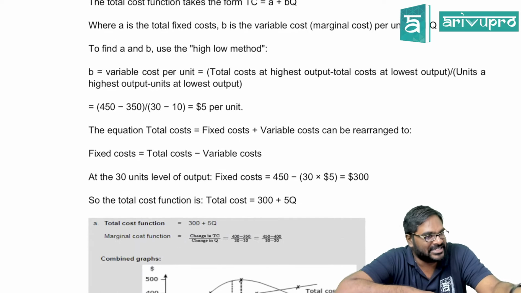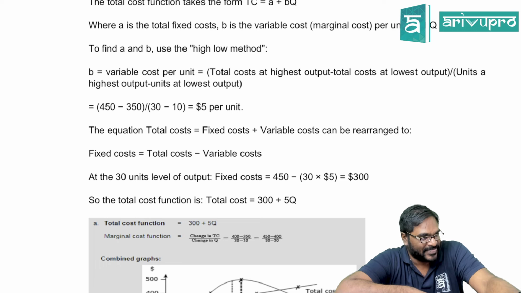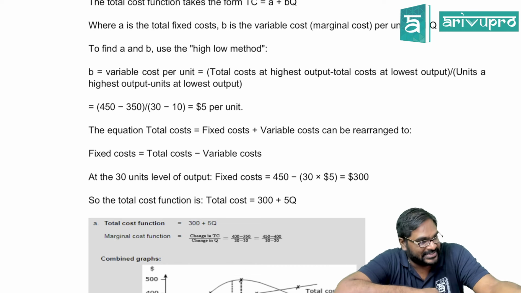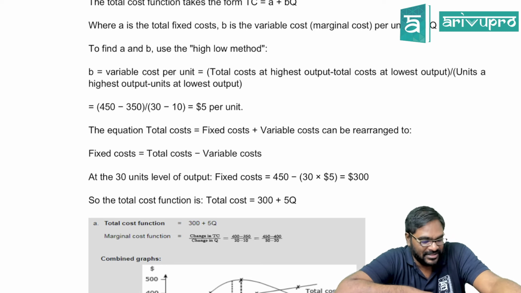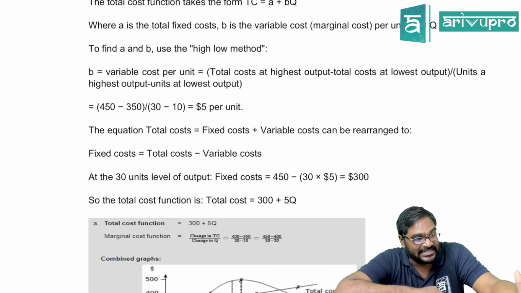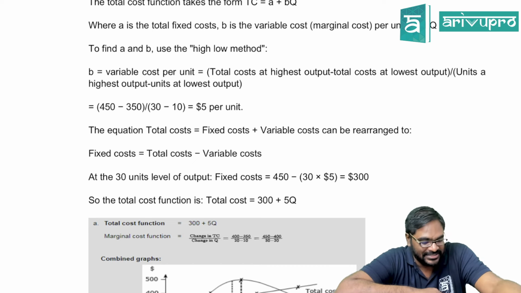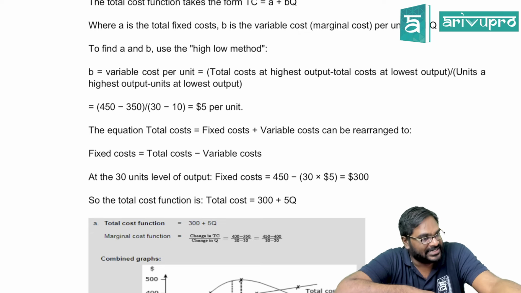Subjecting the fixed cost, fixed cost equals total cost minus variable cost. Taking the last, highest point, 450 would be the total cost. We are selling 30 units at that point, so 30 into 5, that means 150. So 450 minus 150 will be the fixed cost, that is $300.